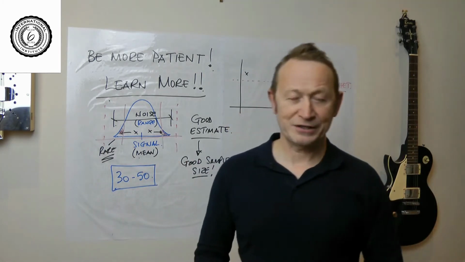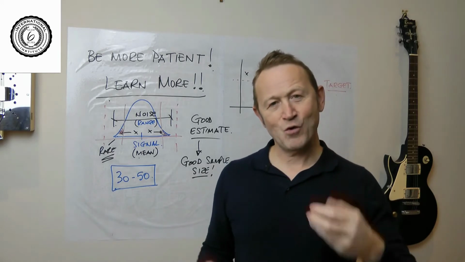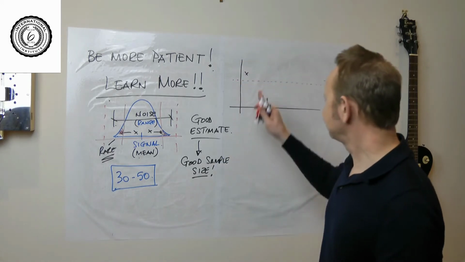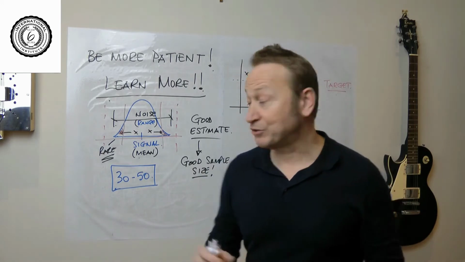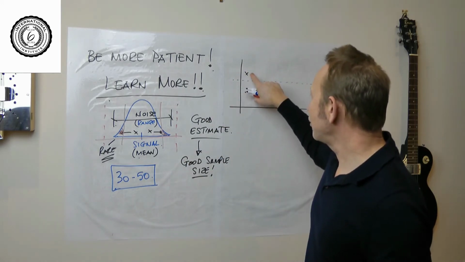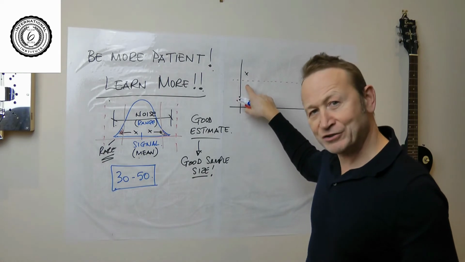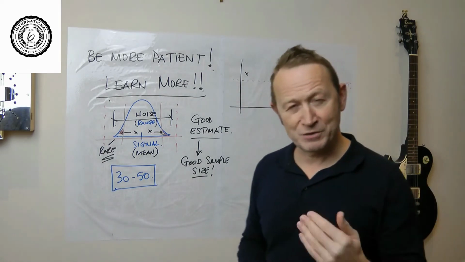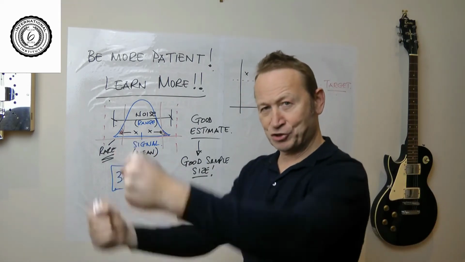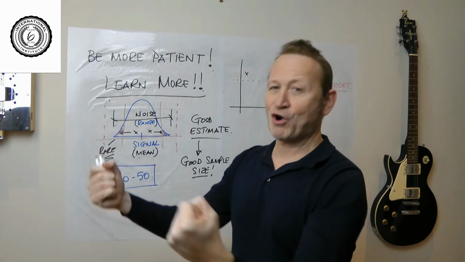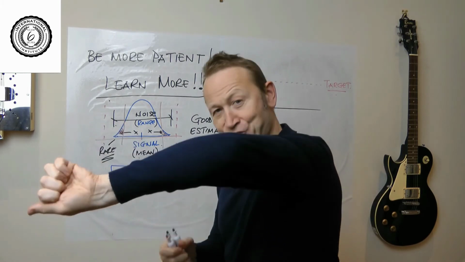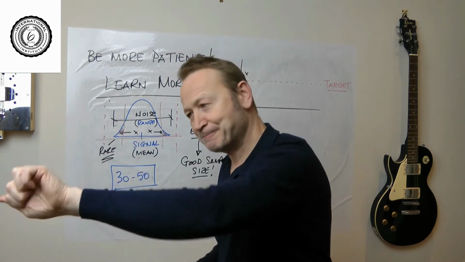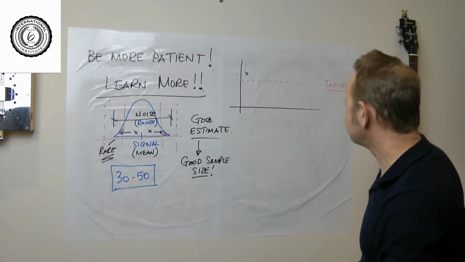Get your operators to be more patient. What they'll tend to do, they'll take one data point and they'll decide that that's above the target, and they'll want to adjust the process. It's human nature, by the way. We like to think we're driving a car when we run a machine, and it's human nature to want to step in and adjust.